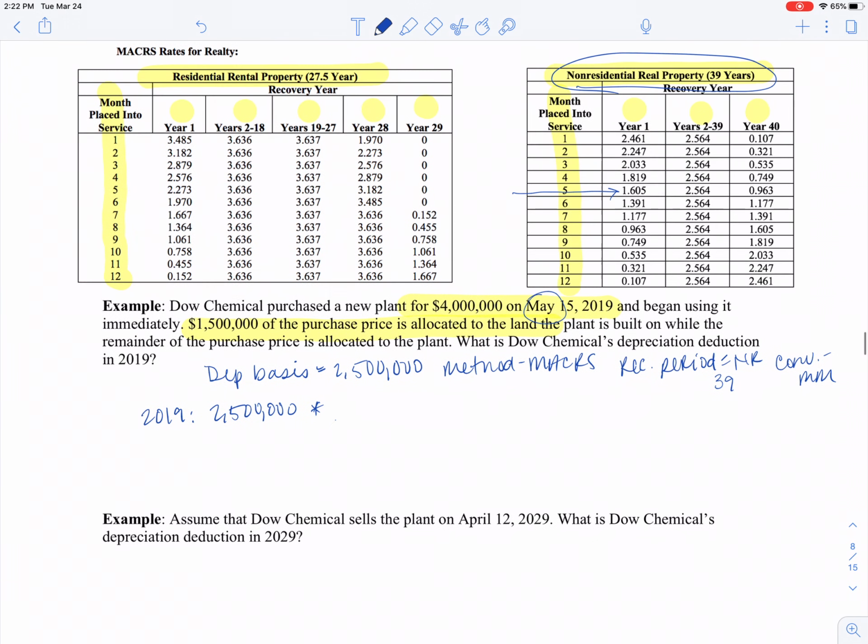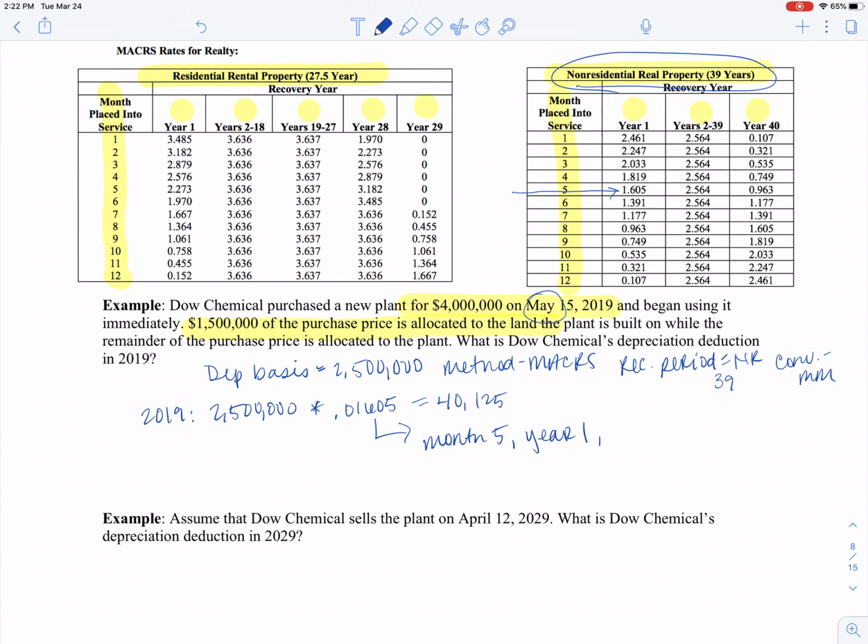So I'm going to multiply that by 1.605%, and I will get depreciation of $40,125 in 2019. Again, note this is month 5. It was placed into service in May. It's year 1, so we're in the year 1 column, and it's non-residential property.